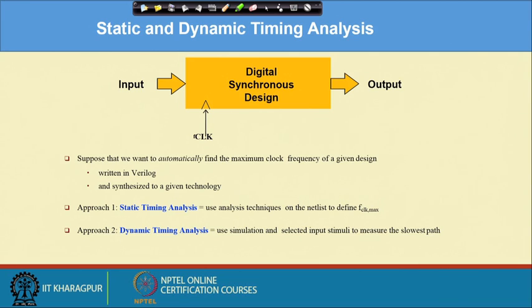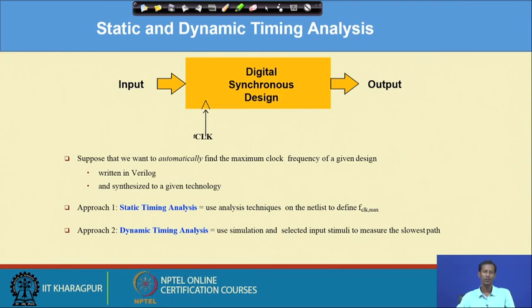Both have some advantages. Where to use synchronous design and where to use asynchronous design is itself technical knowledge, but I will give a brief idea. Whenever we do timing analysis, why do we require it?